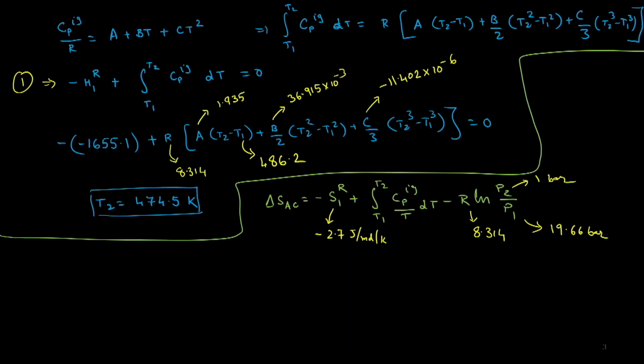We have an expression for Cp. The ABC values are the same as in the case of enthalpy calculation. All we need to do is integrate that expression. So let's first do that integration.